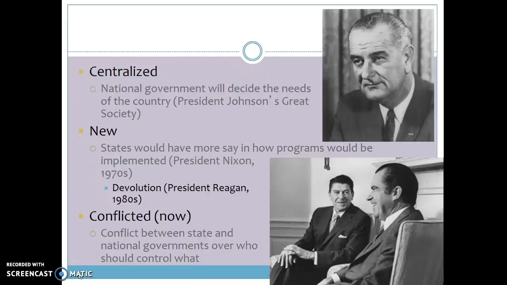So I'm gonna go with centralized as Martha Washington's Great Cake. New, again, is the cupcake analogy with devolution. And then conflicted, that's just like if there is cake but no one gets to eat it because everyone is fighting too much. It's like a sad birthday party.